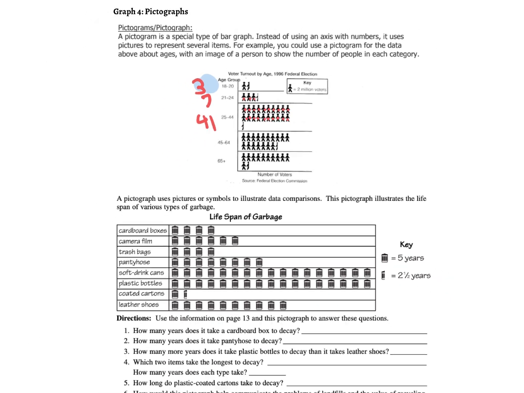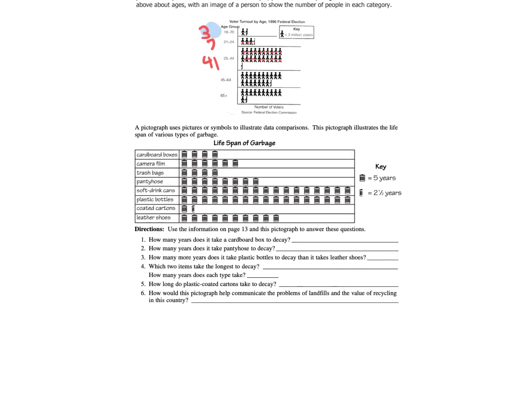So what I want you to do is basically just apply that down here and go ahead and answer the questions down there based on the pictograph about the lifespan of garbage and recycling and things like that. So if you notice, anytime you have a pictogram, there's always a key here on the right that kind of helps you to make sure you know what each of those little pictures actually stands for.